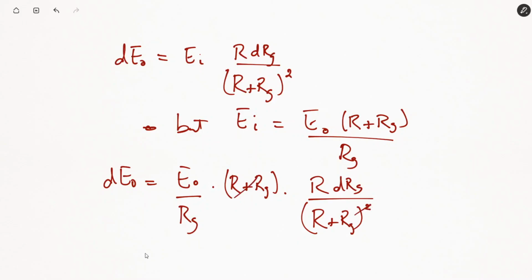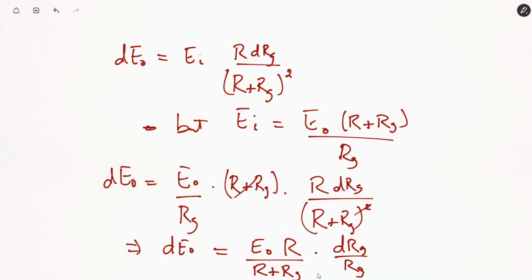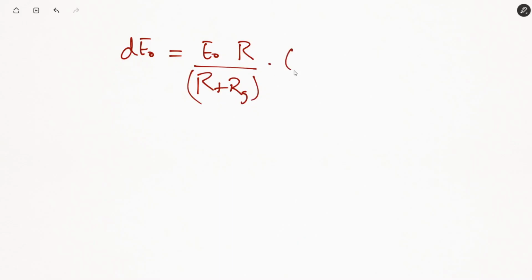Here the square and this term cancel out, so you have dE naught is equal to E naught R divided by R plus Rg into dRg divided by Rg, where dRg divided by Rg represents the gauge factor. So dE naught is equal to E naught into R divided by R plus Rg into gauge factor.